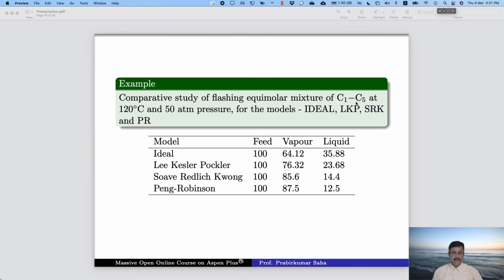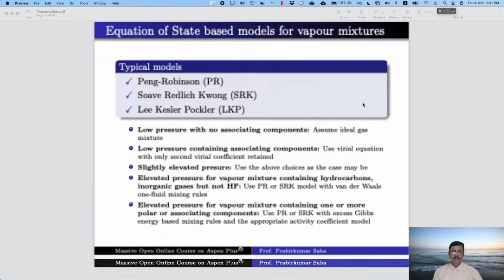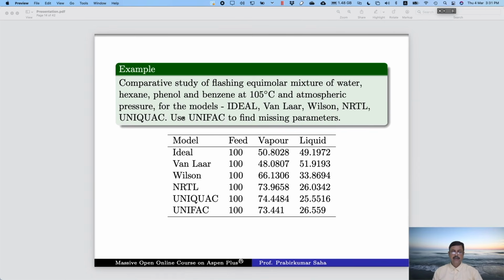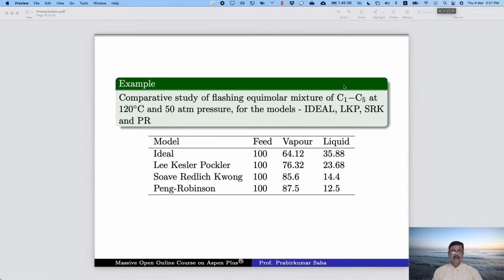So instead of water, hexane, phenol, benzene, we are using C1 to C5 at 120 degrees centigrade and 50 atmosphere pressure for the model's ideal, LKP, SRK and PR. That is ideal model, Lee-Kesler-Plöcker model, Redlich-Kwong wave model and Peng-Robinson model.